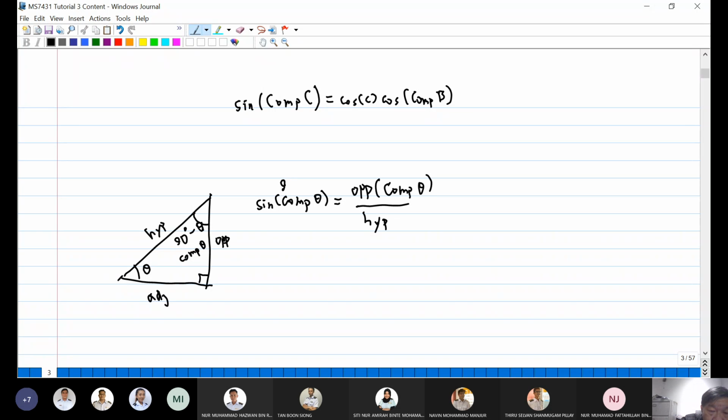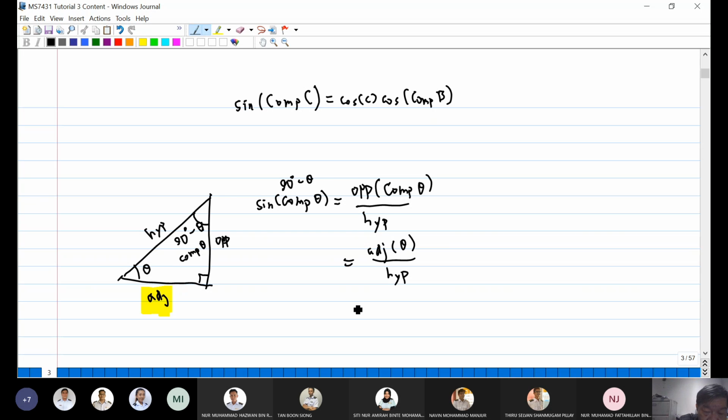The opposite of co-theta is here, so this is actually the adjacent of theta, over the hypotenuse.